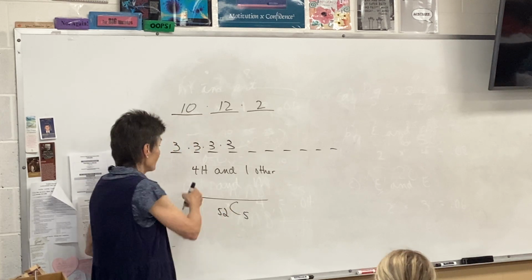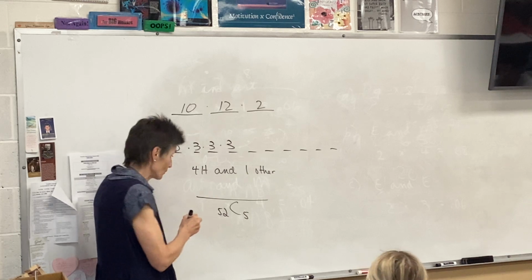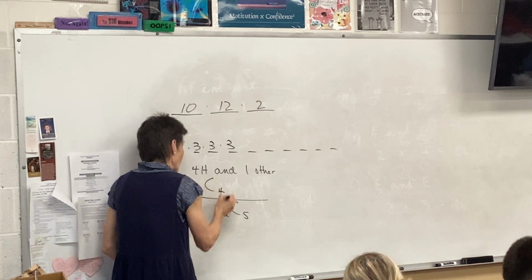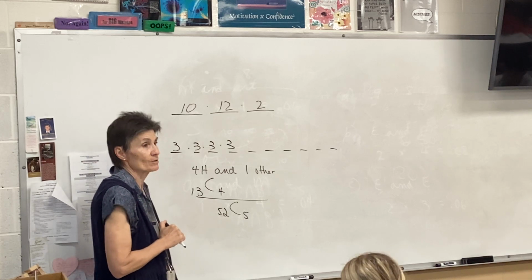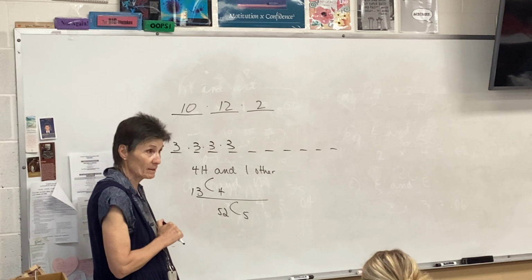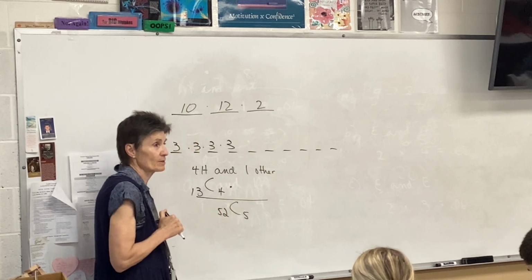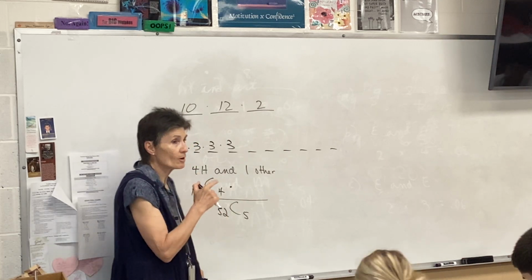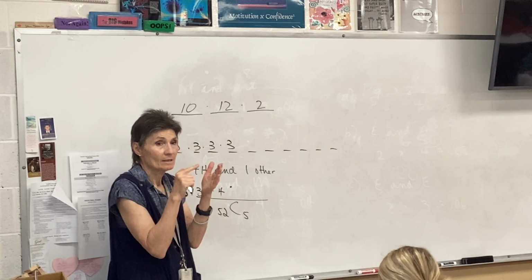All right, how do I get 4 hearts? 13C4. Where'd the 13 come from? 13 hearts. And I'm picking 4. And so times another card, 1 more card, that isn't a heart.